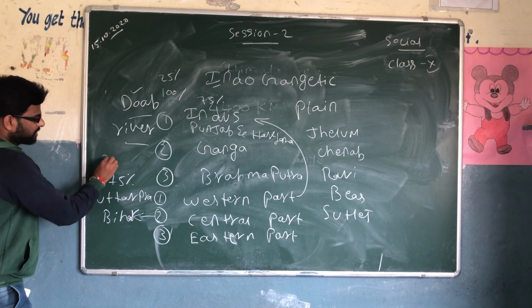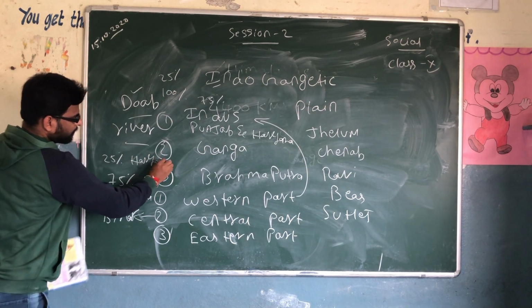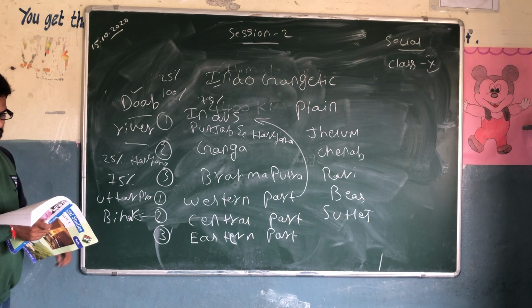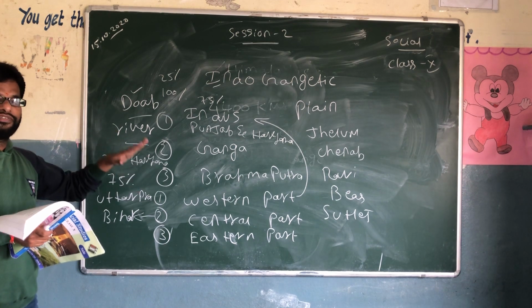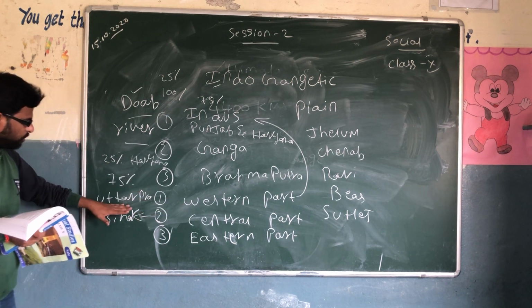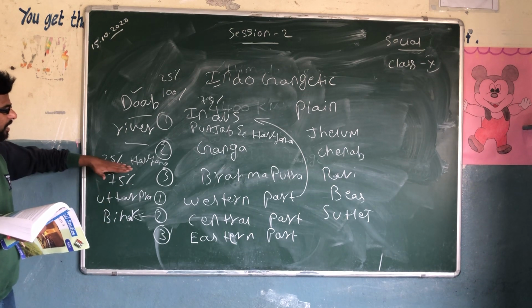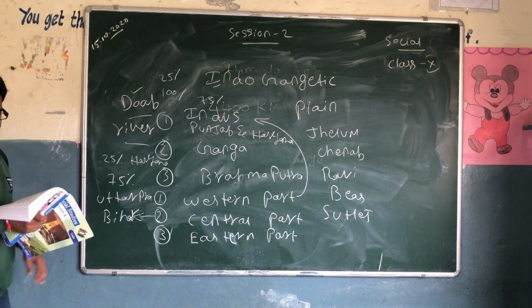But what about the 25%? It is flowing in Haryana, Jharkhand and West Bengal. 75% of the Ganga river flows in Uttar Pradesh and Bihar, and the rest 25% is flowing in Haryana, Jharkhand and West Bengal, in these three states.